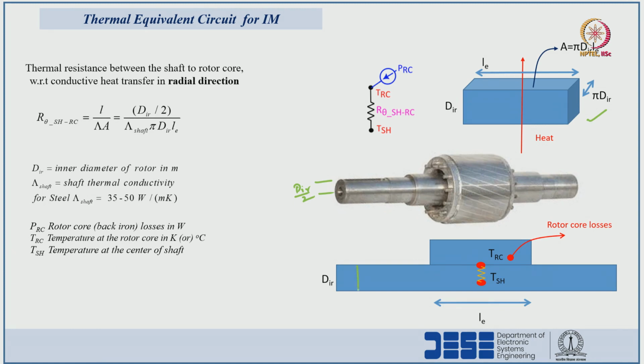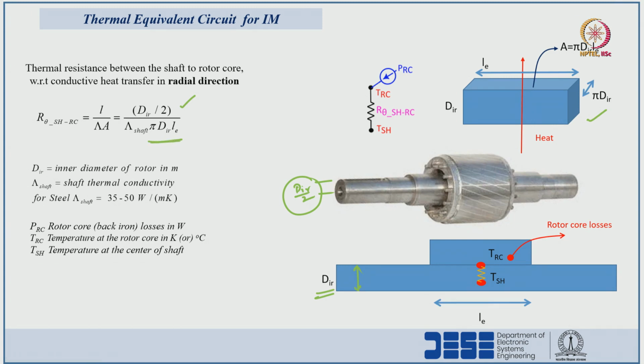The total diameter of the shaft is dir. So, half of the thickness is dir by 2, divided by the thermal conductivity of the shaft material times the area of the shaft material.